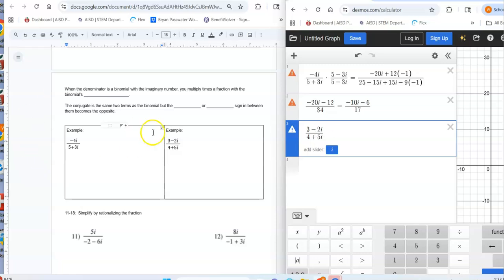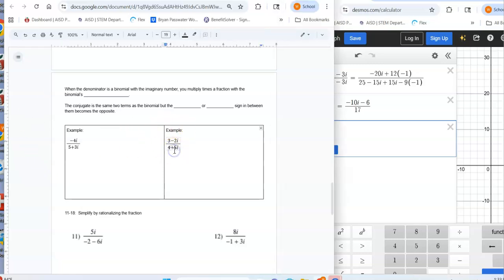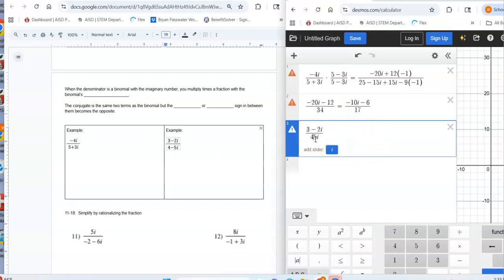The original question says plus here in the denominator, so I'm going to make this say minus, the opposite: 4 minus 5i, on top and bottom. The reason we're doing this is because it cancels out the i.